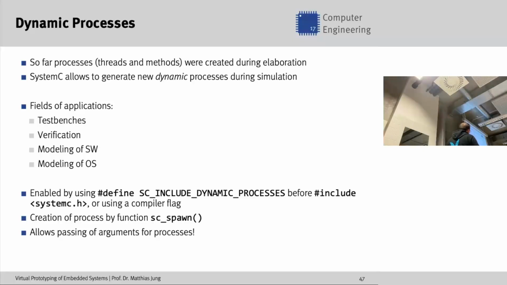And you can enable that by defining this variable before you include SystemC, and then you can, with sc_spawn, create a process during runtime. And this also allows the passing of arguments for processes that usually is not there.